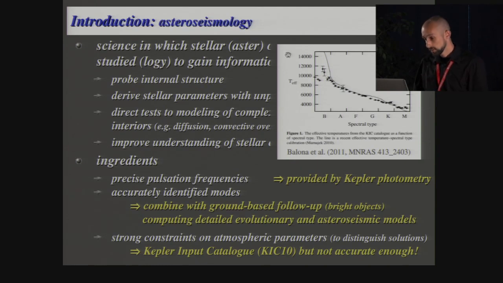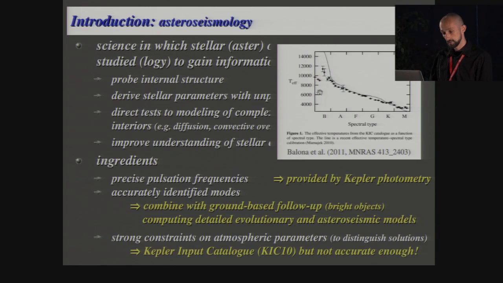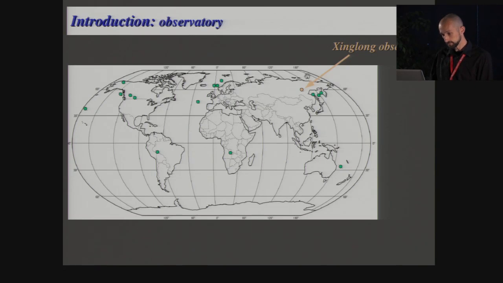In this plot on top, I show you a recent calibration of the effective temperatures as a function of the spectral type. The dots here are the values that have been obtained with KIC parameters. And as you can see, basically for the hot stars, there seems to be a discrepancy. That is where I think LAMOST could help to determine more accurate parameters.